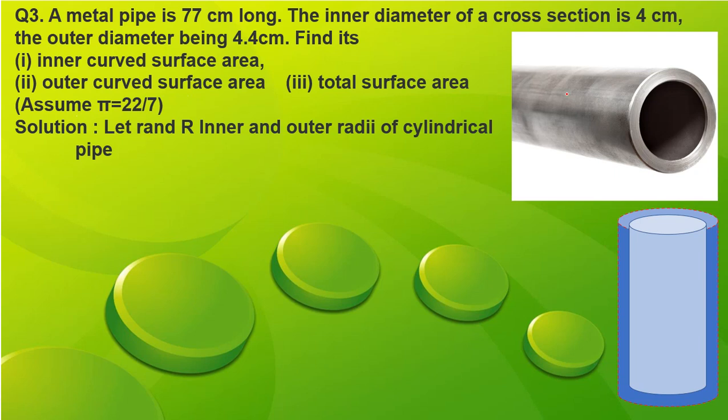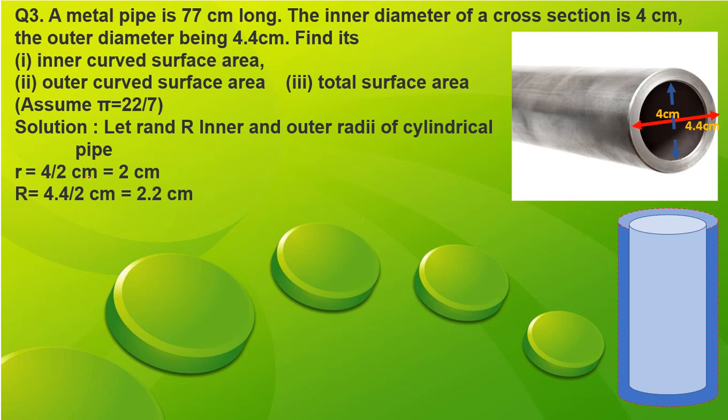Now let us consider this is the image of a pipe. As we know, the pipe looks like this, where it has two circles, one inner circle and one outer circle. Here it is given that the diameters of the circles are 4 centimeter and 4.4 centimeter. So inner diameter is 4 centimeter and outer diameter is 4.4 centimeter. By using this we can find the radius of both circles.